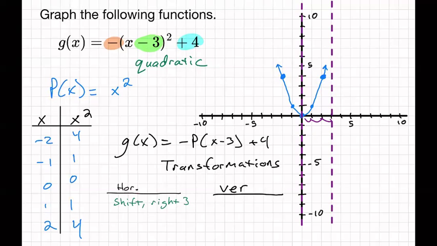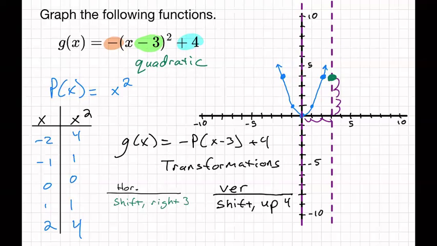But with the vertical shifts, all we need to do is do as it says. We don't have to worry about doing the opposite. So with that +4, it's going to take my graph and move it up 4. So we went right 3. Now we can go up 1, 2, 3, 4. And we actually will have the origin point moved over 3 to the right and up 4.